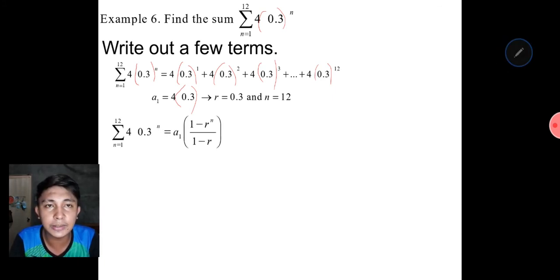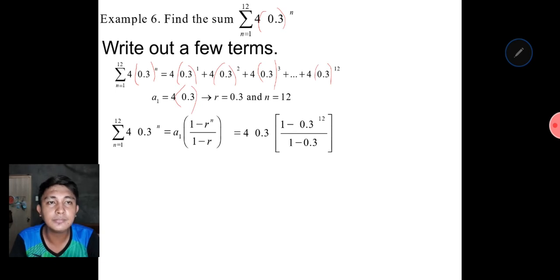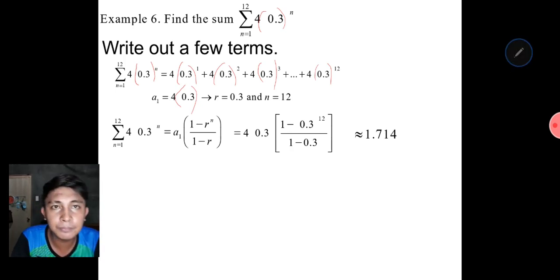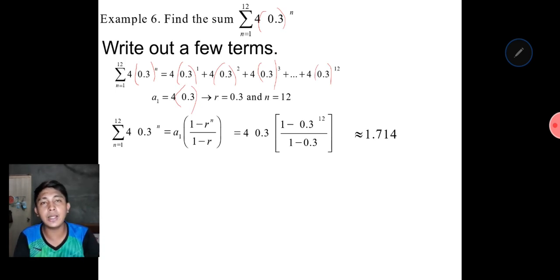So, substitute na natin. Okay? Then, the sum of 4 times 0.3 raised to n, where n is equal to 1 up to 12, is approximately 1.714.